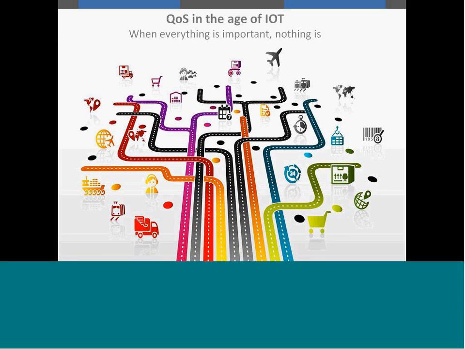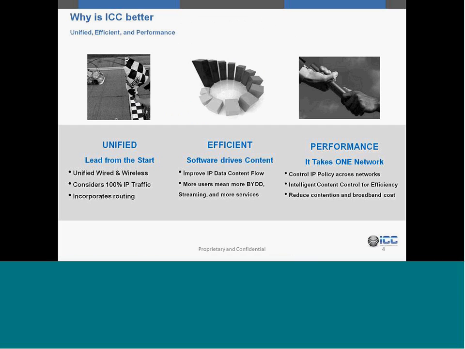So how do we deal with a lot of that information? How does ICC handle that data? Well, we look at it in three different formats: unified, efficiency, and performance. From a unification standpoint, we look at our systems as well as wireless.